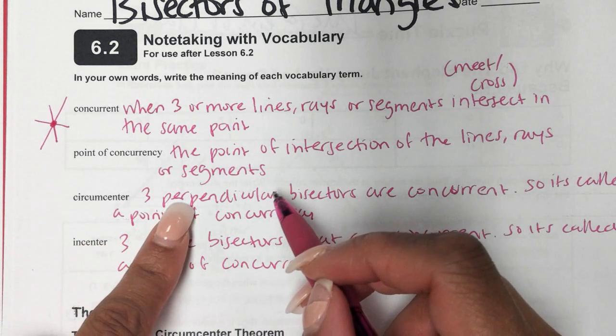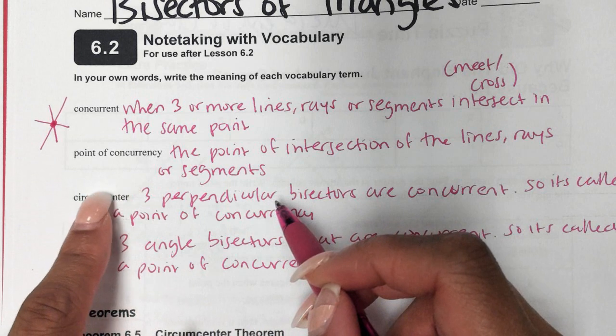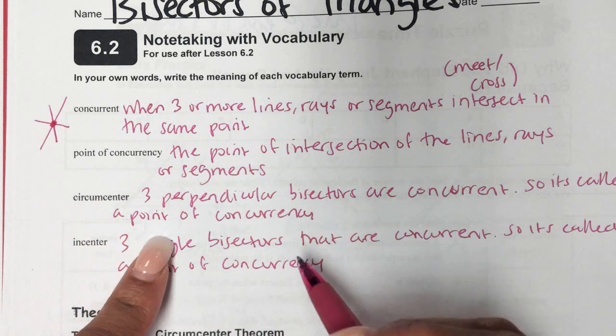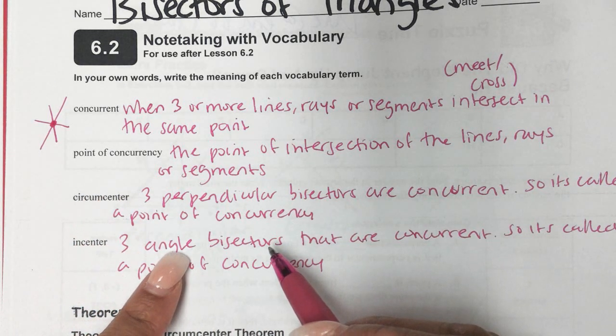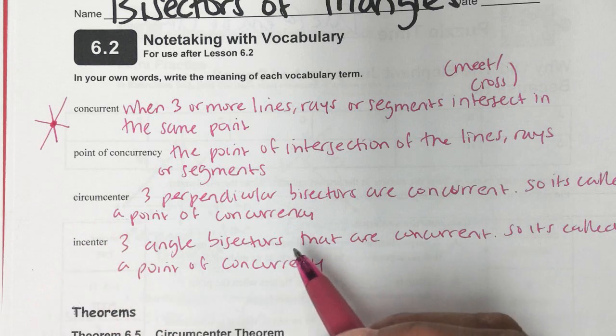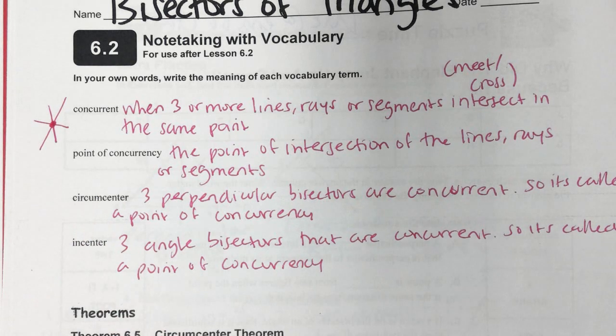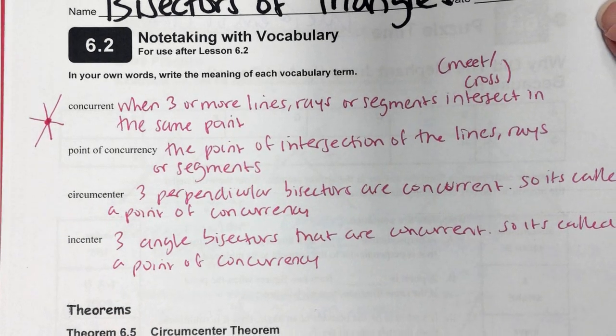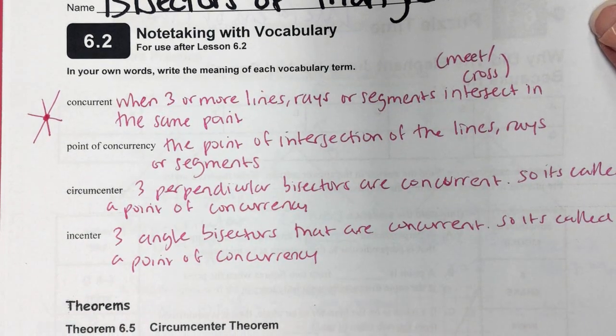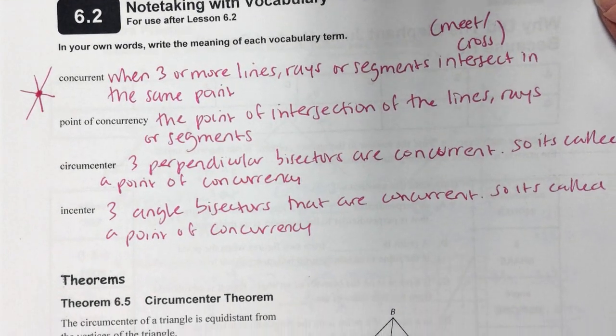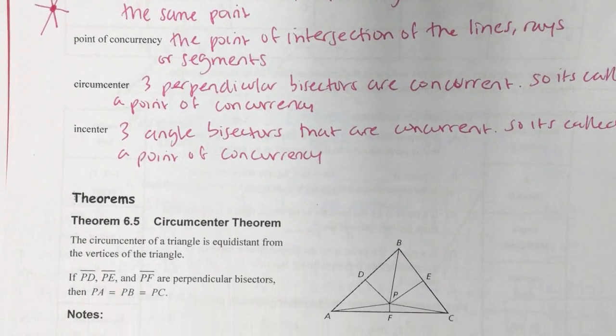So perpendicular bisector's point of concurrency is called the circumcenter. The point of concurrency for three angle bisectors is called the incenter. So those are our definitions that we'll be coming across today. And we'll have two theorems, one for circumcenter and one for incenter.